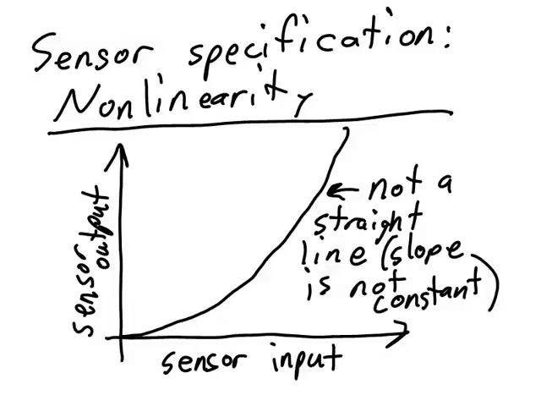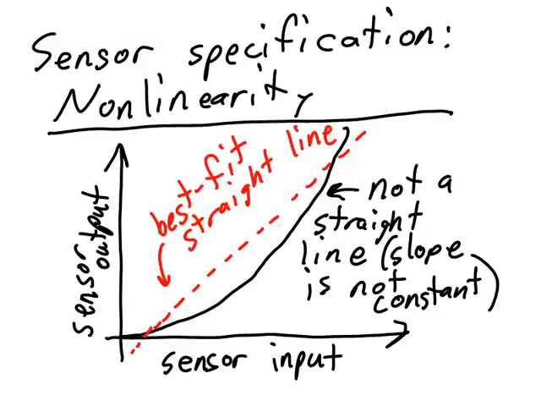In order to figure out how much nonlinearity error this sensor has, we will fit a best fit straight line to the sensor response curve, and then we will find the maximum amount that the sensor response curve deviates from the best fit straight line. This is the sensor's nonlinearity error.